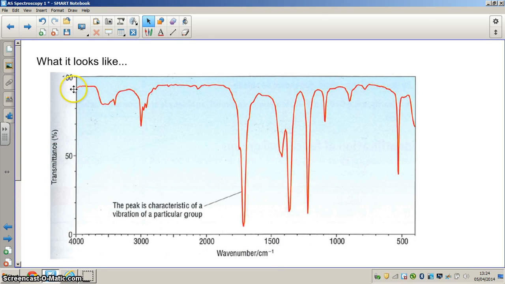And what we get is a set of upside down peaks, which represents the energy absorption as the IR passes through the sample. So as it passes through, at certain points the molecules or the bonds between parts of the atoms in the molecule start absorbing the energy. When they absorb it, we get an energy absorption, so the transmittance decreases.